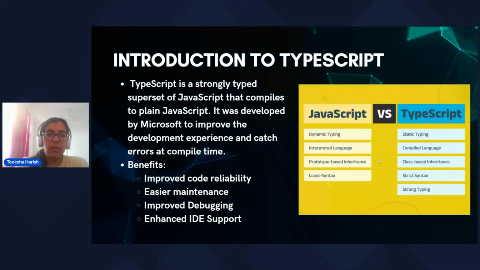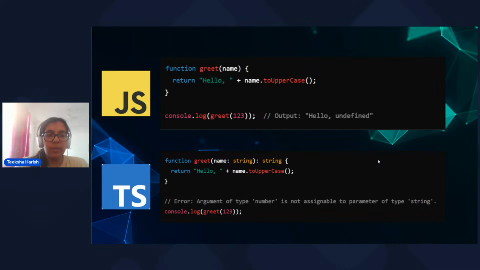Now, coming on to how JavaScript and TypeScript can be different. First of all, let's say we have a function greet where it accepts a string which is name and it returns hello and then the name of the person. Let's say I call greet Neha, then it will return hello, comma, and then space and then Neha toUpperCase. Then Neha would be in uppercase and that would be the output of this.